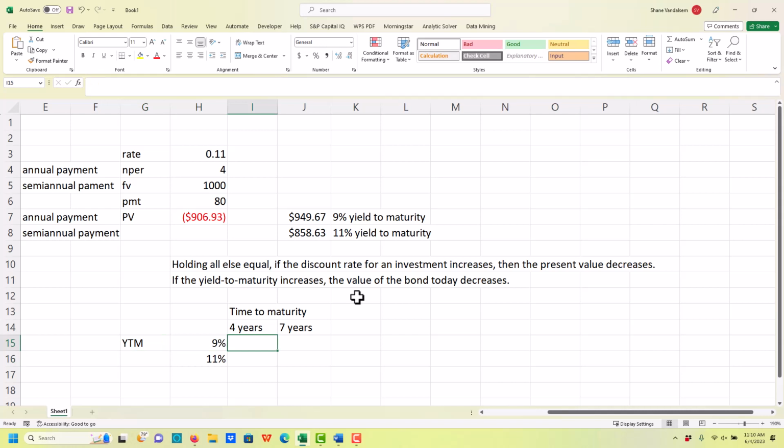And so what's the value with 4 years left to maturity and a 9% yield to maturity, given the par value and the payment of $80 per year? Because those, by the way, are things that don't change during the life of the bond for most bonds. So we have 967.60. So that's 4 years with a 9% yield to maturity. 7 years remaining, we have 949.67.